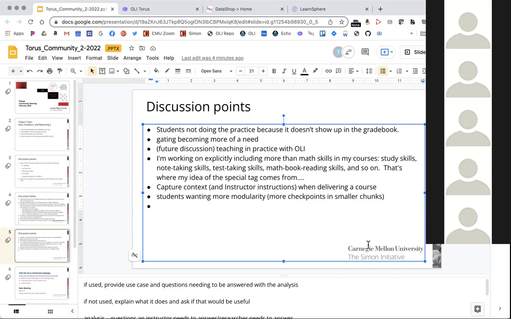So I took some notes here about capturing that context when delivering a course, which is actually in alignment with our research, particularly Lauren Herkus's research, which has shown that instructors need support in just adopting materials. Most of the time, the most success they have is when they have a colleague who has not just said, yeah, use what I use, but also said, here's a sample lesson plan.